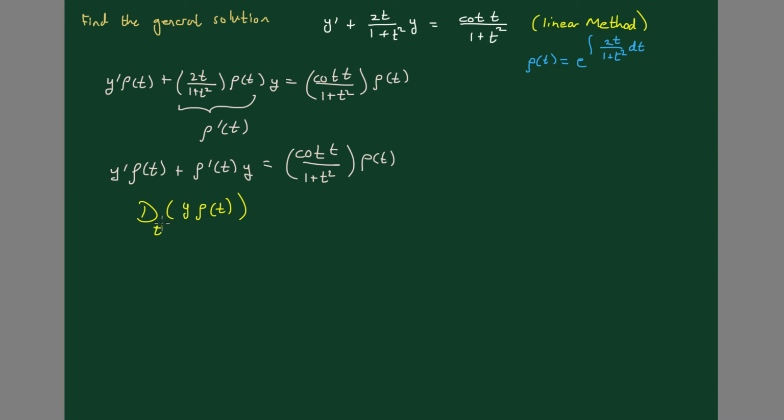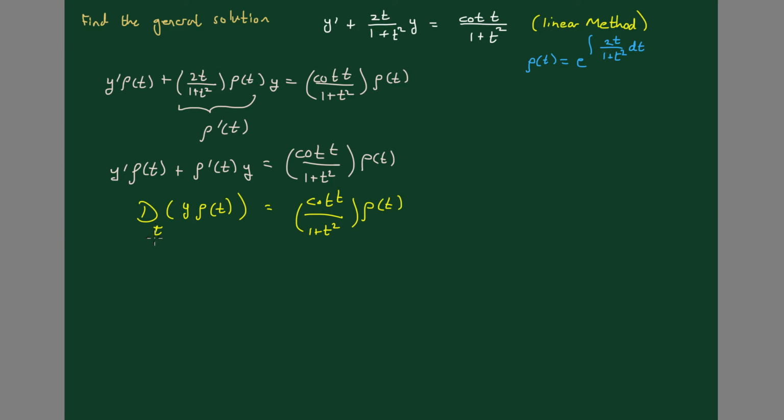And so we can say that the derivative with respect to t of y times rho of t is equal to cotangent of t divided by 1 plus t squared multiplied by rho of t.